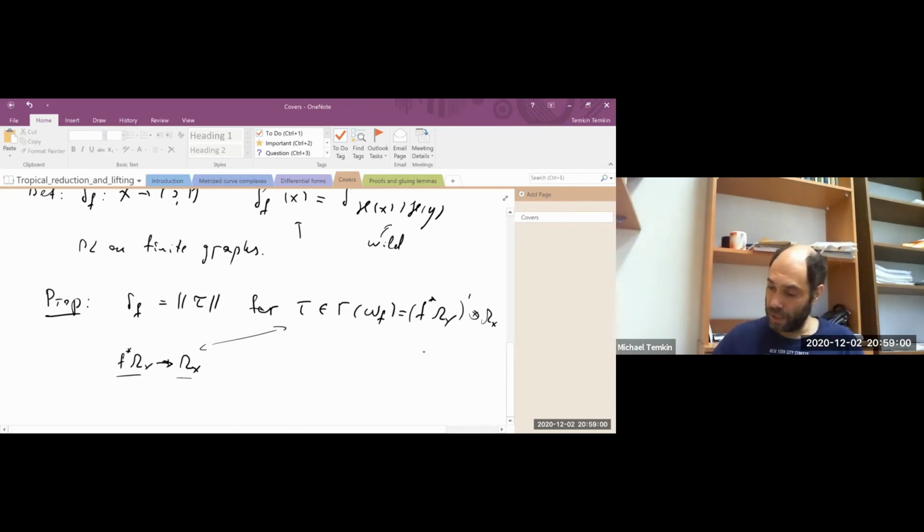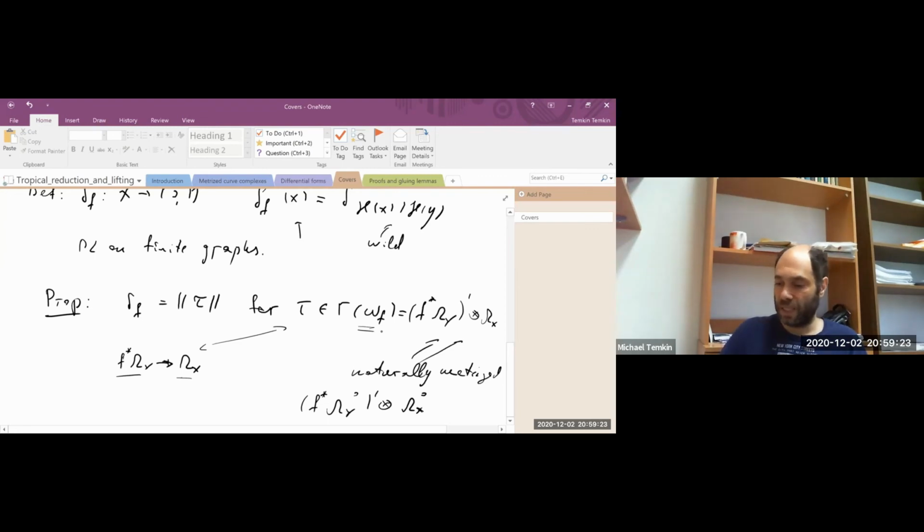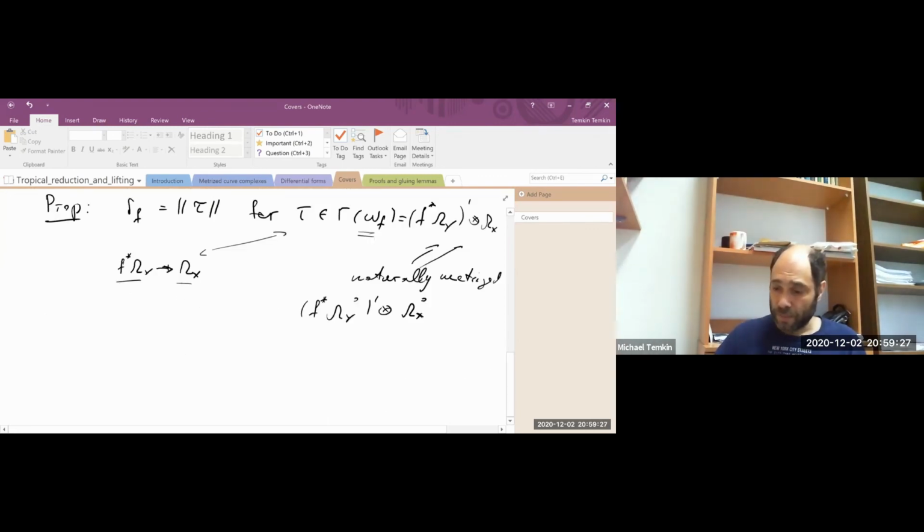So now I claim that this is naturally metrized just by the pullback of omega y naught, dual tensor omega x naught. So the metrization of omega x and omega y give me a metrization of the dualizing sheaf. And then any section has a natural norm, and this is precisely the different. Moreover, we can now define the reduction.